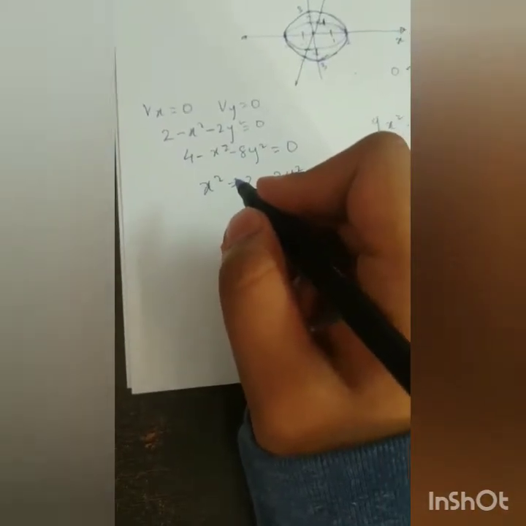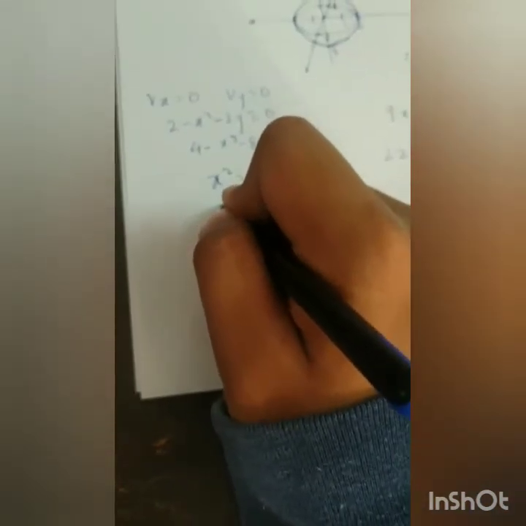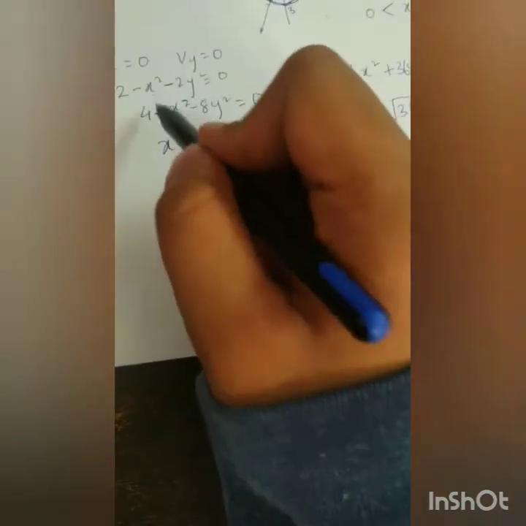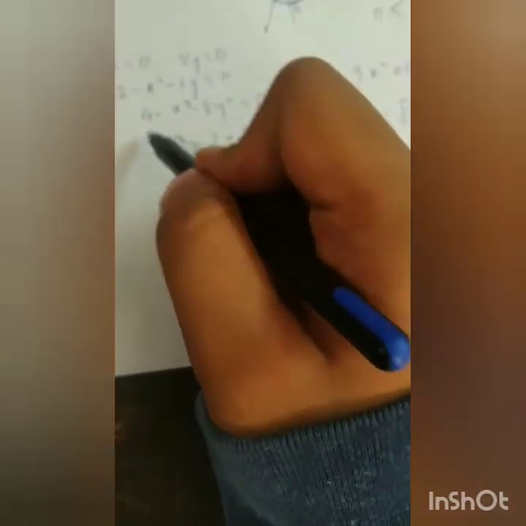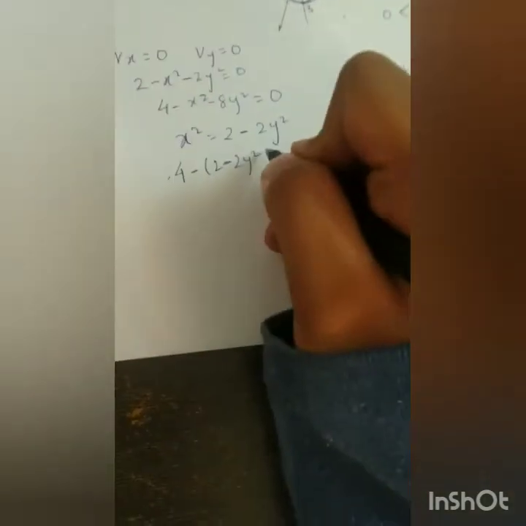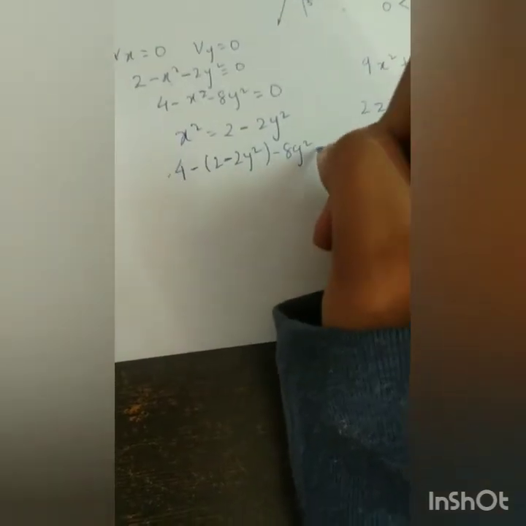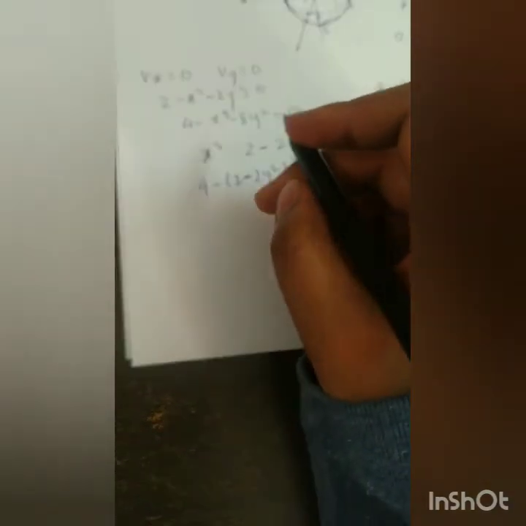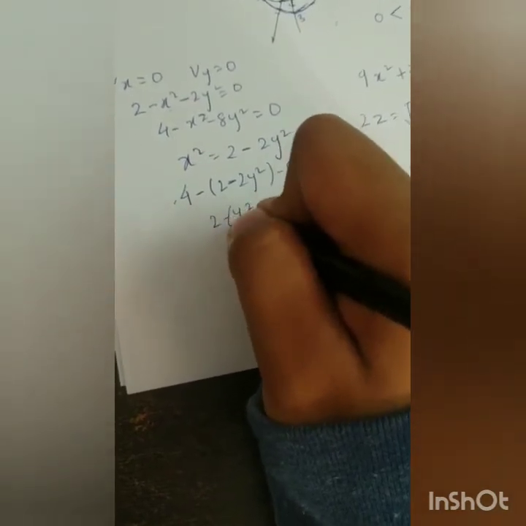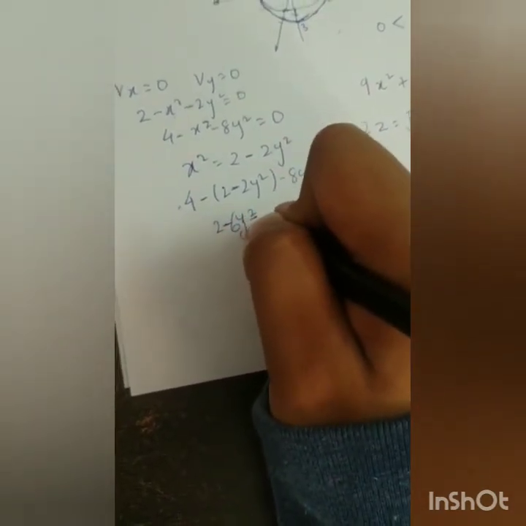Then we are going to put this equation from the first equation in the second equation, and we would get the second equation, and finally we would get 2 - 6y² = 0.